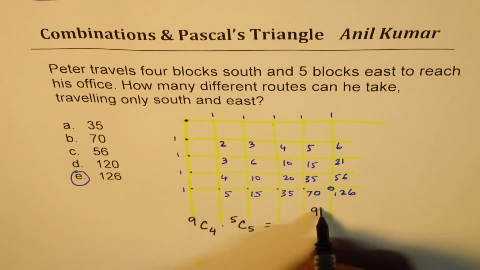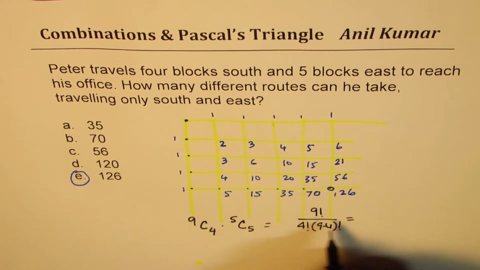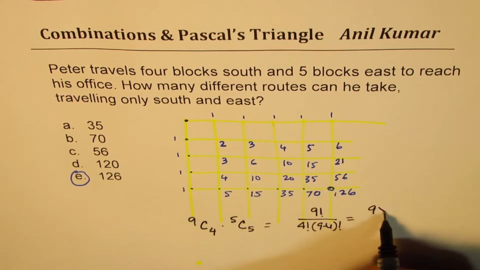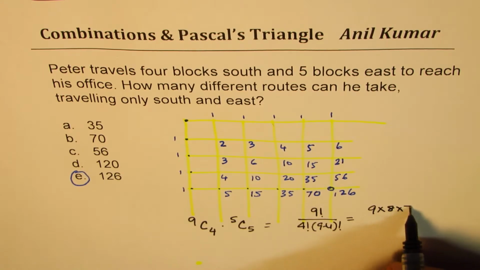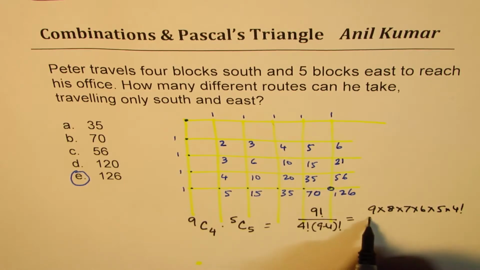So 9 factorial divided by 4 factorial times 9 minus 4 factorial, right? Which is, you can write this as 9 times 8 times 7 times 6 times 5. Then 4 factorial cancels, right? So let me write 4 factorial just for some of you. 4 factorial, right?